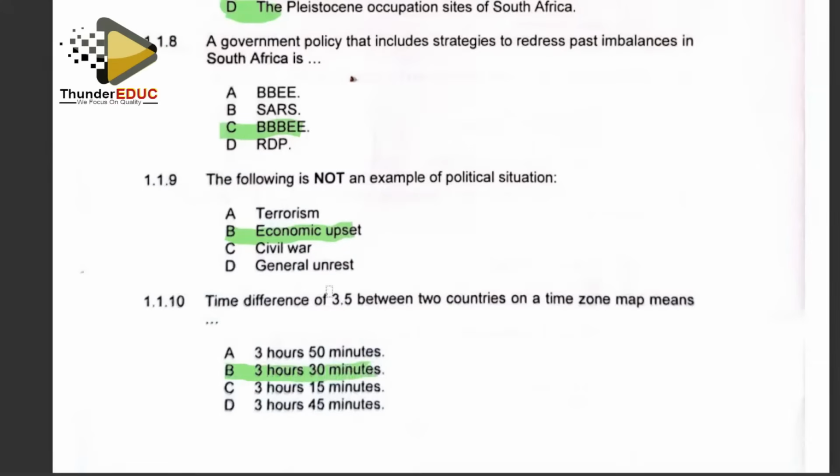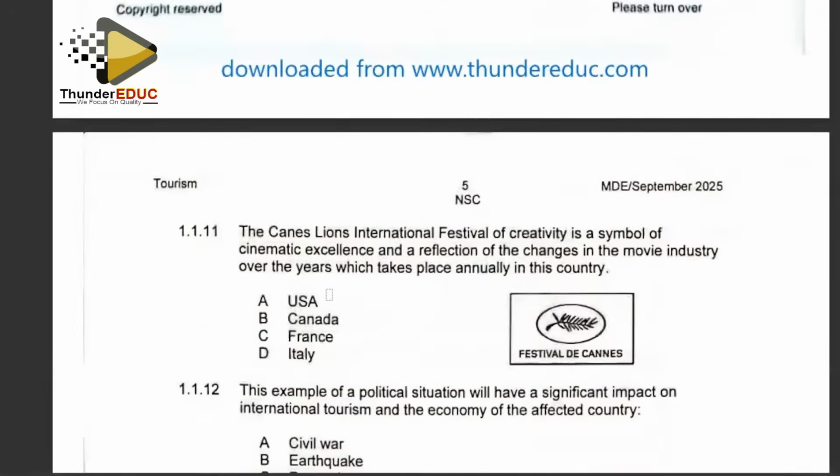Then moving straight to 1.1.11, the Cannes Lions International Festival of Creativity is a symbol of cinematic excellence and a reflection of the changes in the movie industries over the years, which takes place annually in this particular country. This is an annual event which takes place in France.